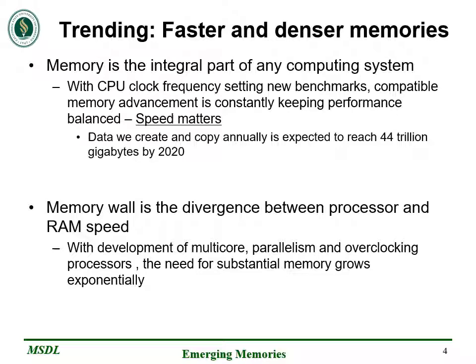Where would such information be stored? Hence, there is an overall need for denser and faster memory. Here I would like to introduce a concept called the memory wall, which is the divergence between the processor and the RAM speed, and it is kept in account with any new memory technology that's being developed.